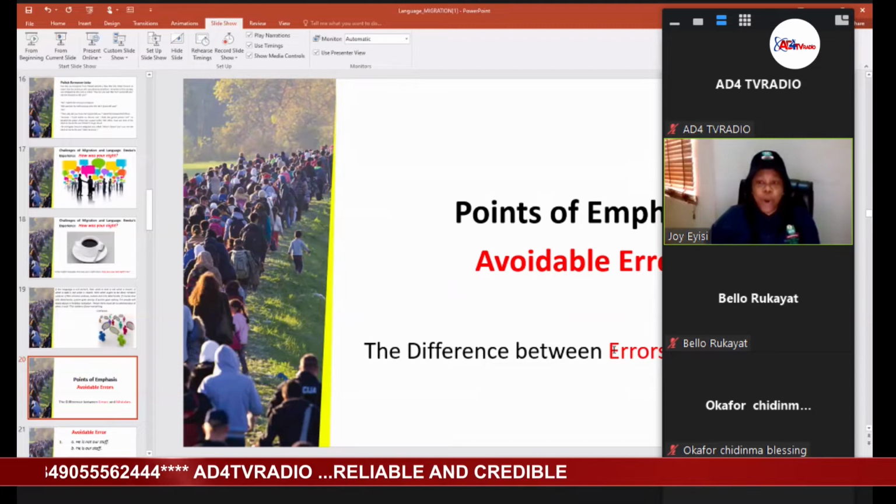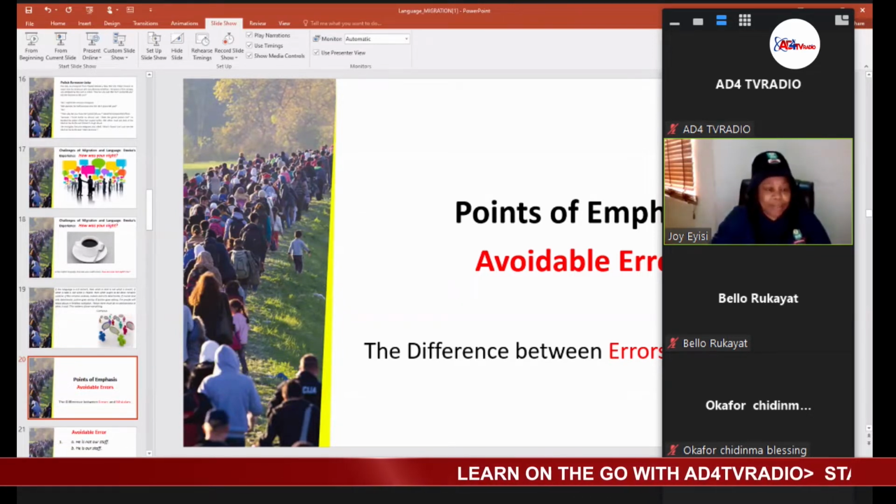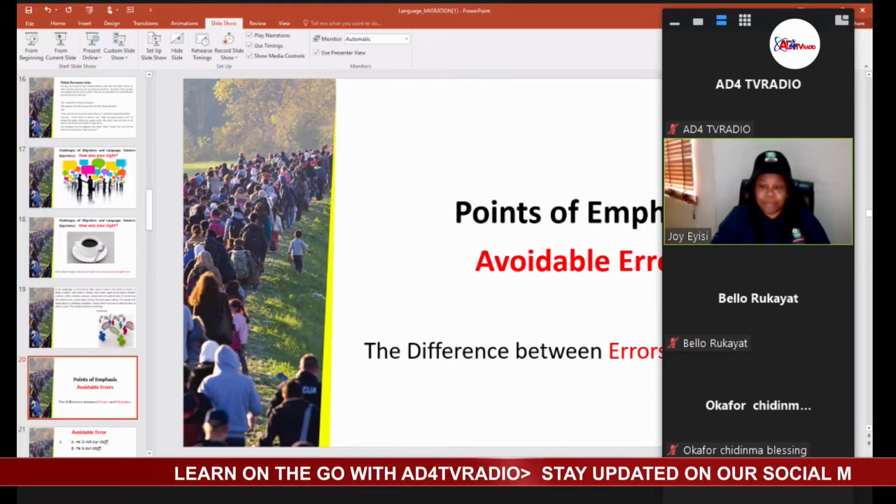An error is committed as a result of ignorance. You do not know. That means if you have the knowledge of the grammatical rules of the language, you cannot commit errors in that language. Mistakes could be as a result of the slip of the tongue when we are talking, or the slip of the pen when we are writing.